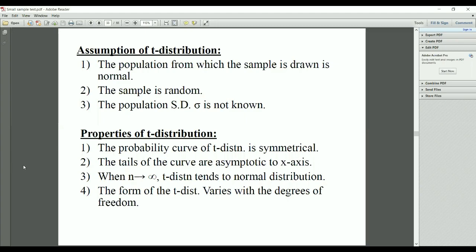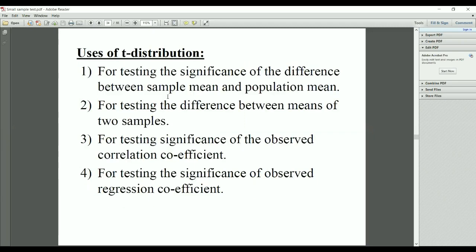Uses of the t distribution: for testing the significance of the difference between sample mean and population mean. Whenever we calculate the difference between sample mean and population mean, we go for the t distribution. Testing the difference between the means of two different samples, we also use the t distribution.